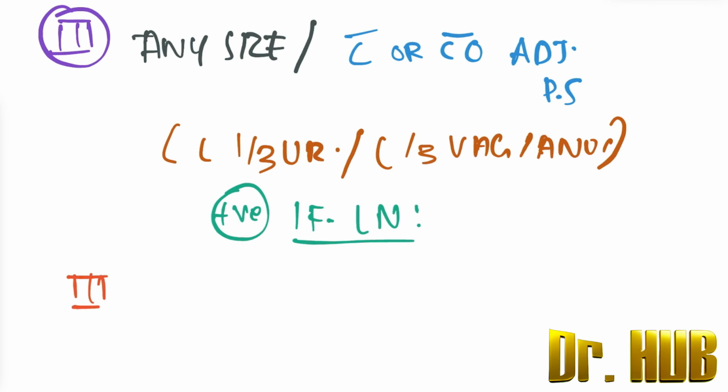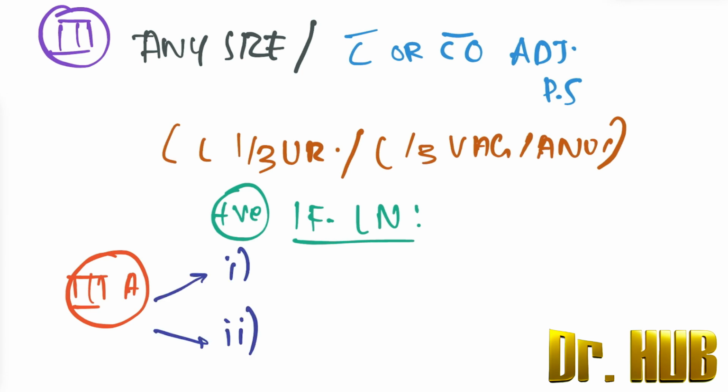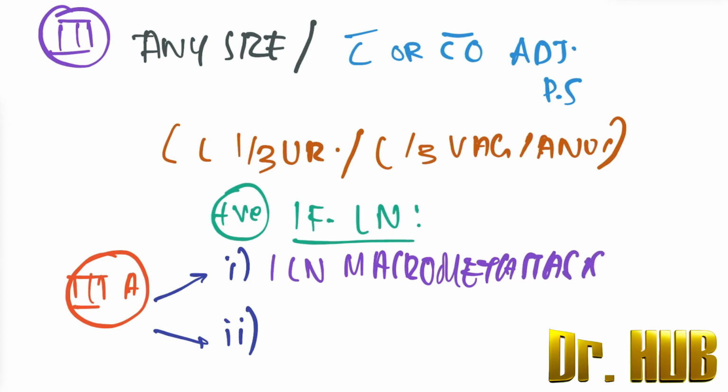Then we move on to stage 3A. What is 3A? It is again divided into two: 3A1 and 3A2. 3A1 means one lymph node macrometastasis. Macrometastasis is anything greater than 5 mm. 3A2 means one to two lymph node micrometastases.